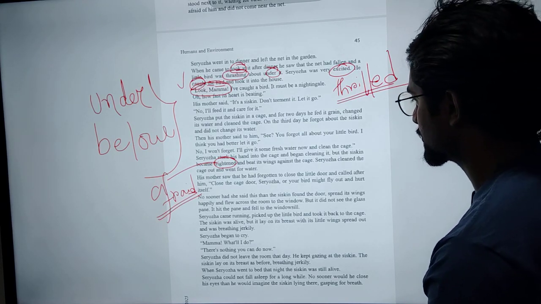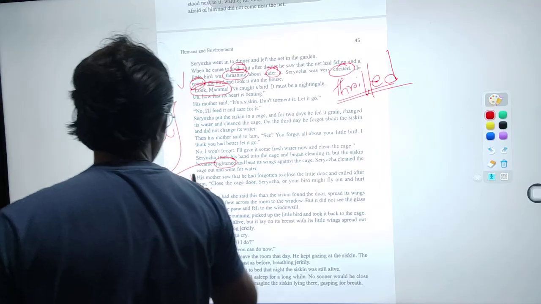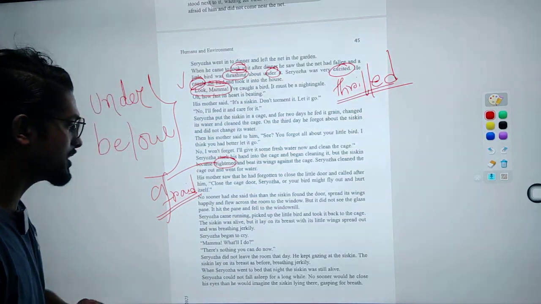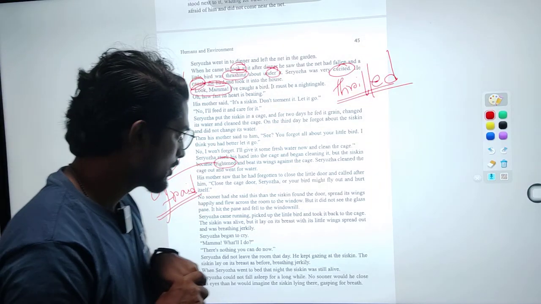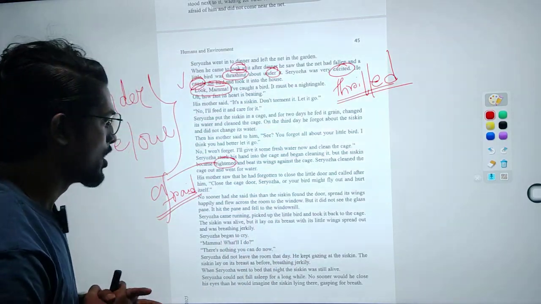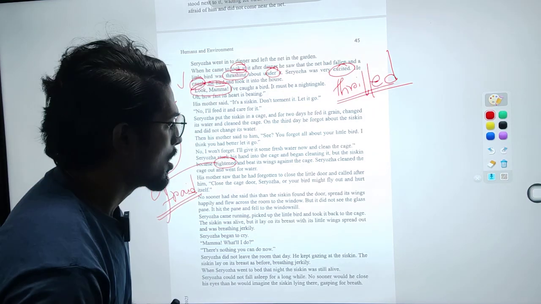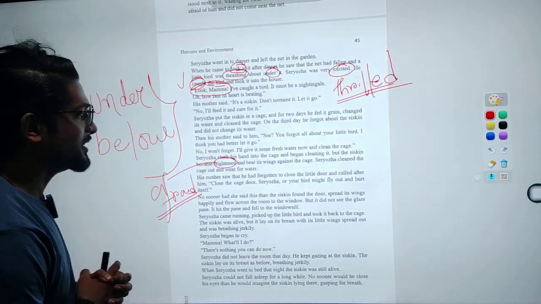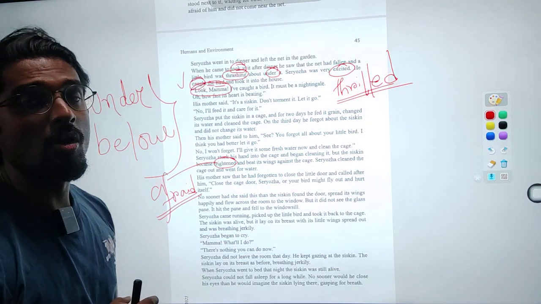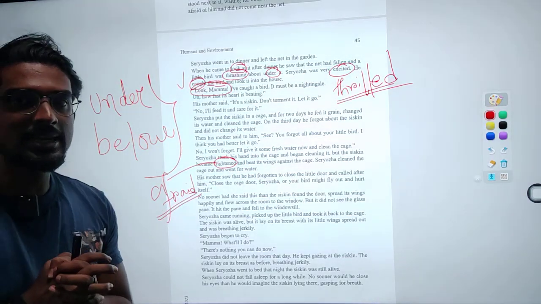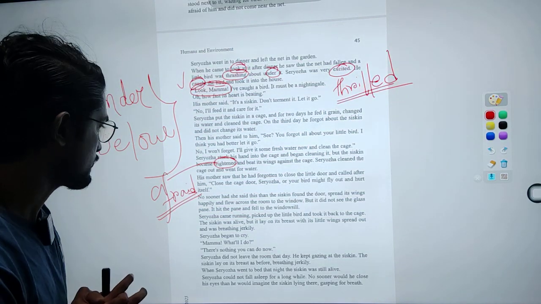Okay, let's move on to the next paragraph. His mother saw that he had forgotten to close the little door and called after him, close the cage door Shailaja, or your bird might fly out and hurt itself. তাড়াতাড়ি কেজটি বন্ধ করো অথবা তোমার পাখিটি হয়তো উড়ে যেতে পারে এবং নিজেকে নিজে আহত করতে পারে.